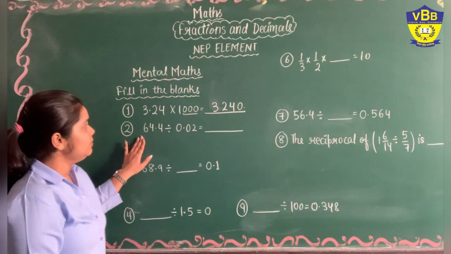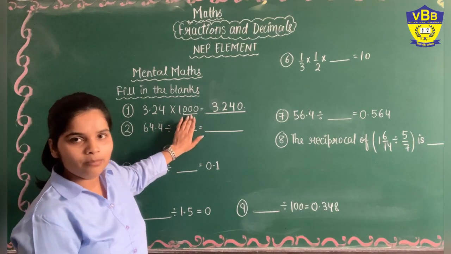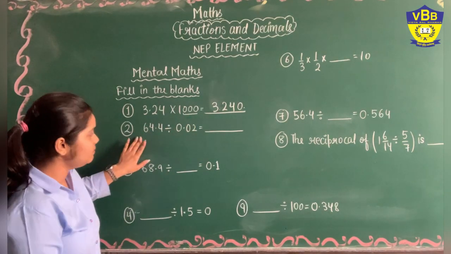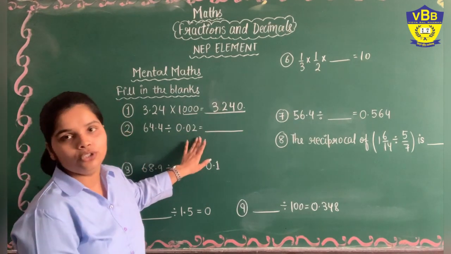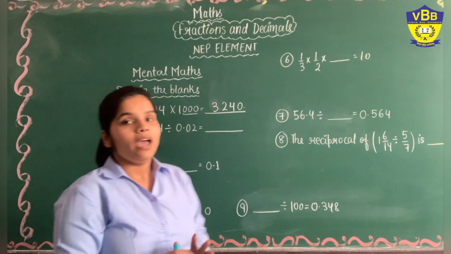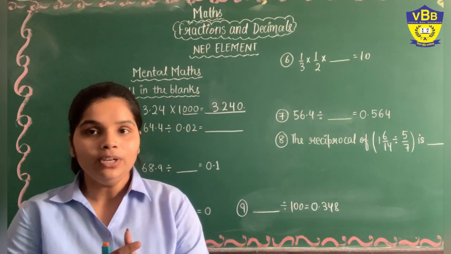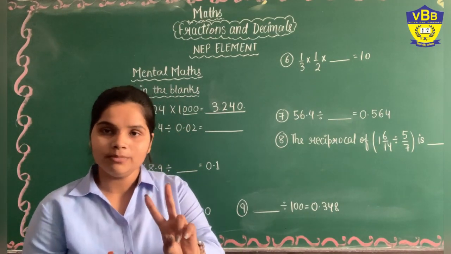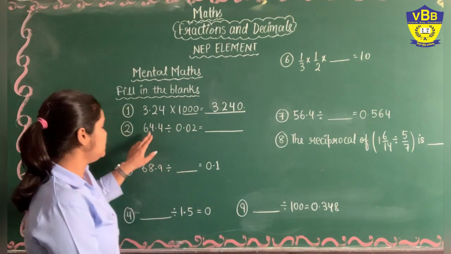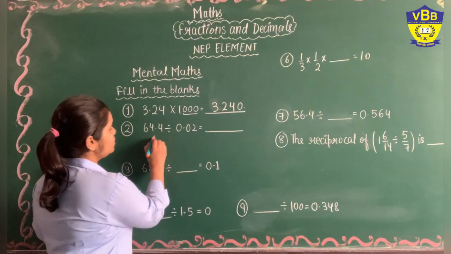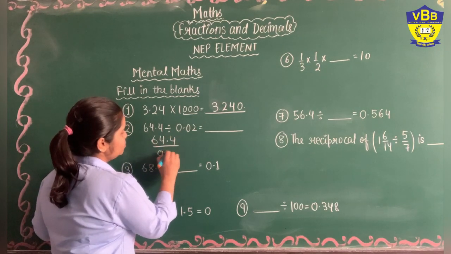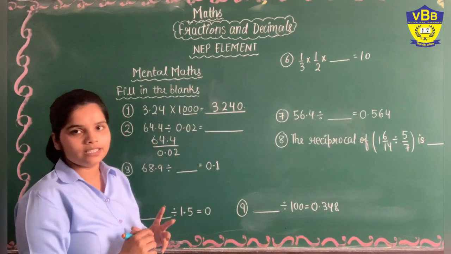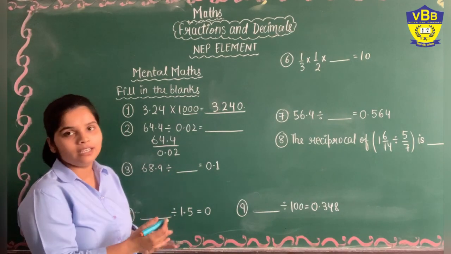Second, in the first we were multiplying the number with 1000, now we are dividing the given decimal number by 0.02. Again, we can only divide two decimal numbers which are like decimals. You can see here it is 64.4 and here it is 0.02. The two decimal numbers are not like decimals, so make them like. How?